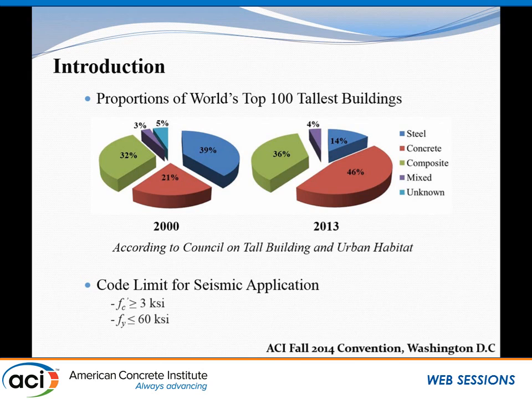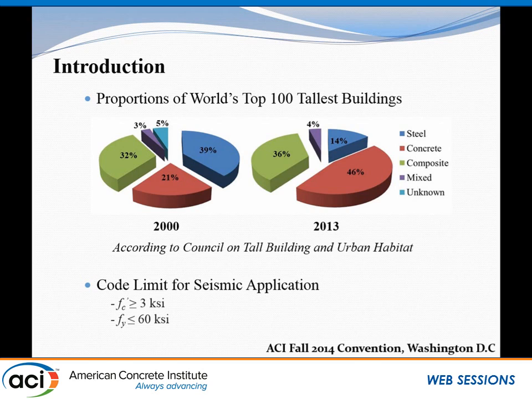If you look at the figure, in the past decade, RC concrete high-rise buildings rose by more than double, and steel structures decreased to only 40%. And think about this: before 1970, steel structures used to occupy more than 90% of the world's 100 tallest buildings. So I think this pie chart is good news to all of us.